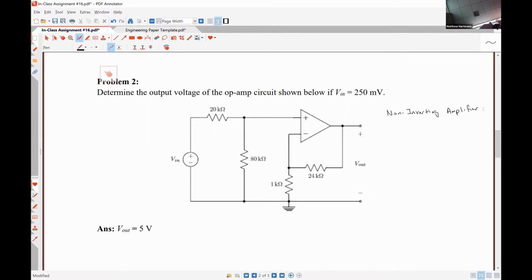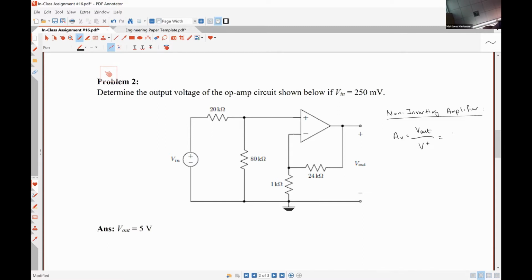The rule for a non-inverting amplifier is that the voltage gain, and here I'm going to define it slightly differently because our problem is a little different than a strict non-inverting amplifier, is the output voltage divided by the voltage present at the non-inverting input terminal.